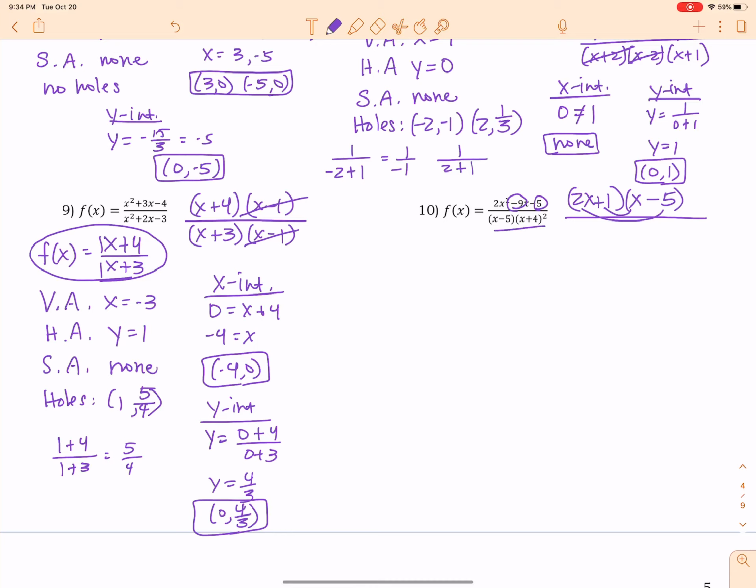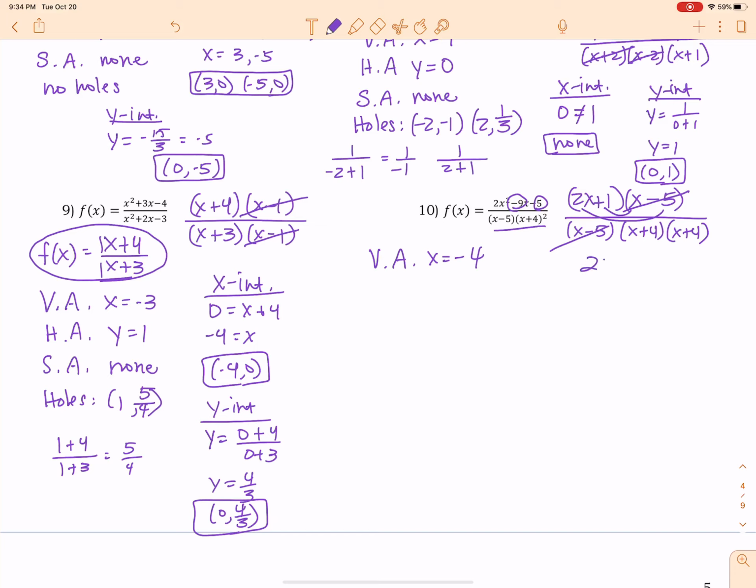Okay, this is already factored for us, but notice that it's x plus 4 squared, which means x plus 4 times x plus 4. Yes, we're going to reduce. There's a hole. Okay, so vertical asymptotes occur at x equals -4, and that's it. We're just going to write that one time.